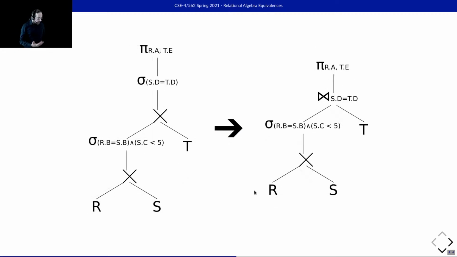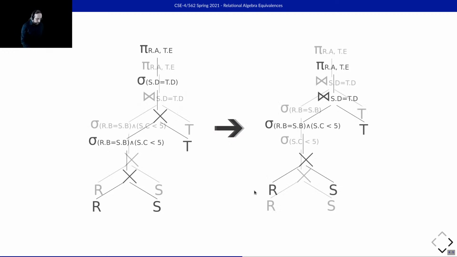Now, s.d equals t.d is an equijoin, and as I hinted at last week, that's something that we can evaluate really, really efficiently. So we're going to convert that into a join operator.